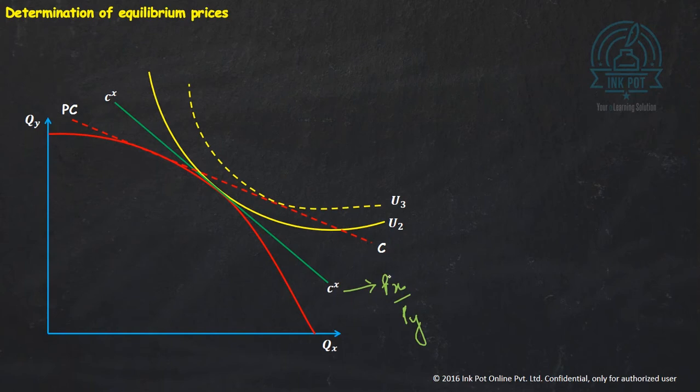So the cost line has PX by PY. Let's suppose initially the price line is this, let's say, PC line. Now on this line, the point of production is 1, but the point of consumption is 2.